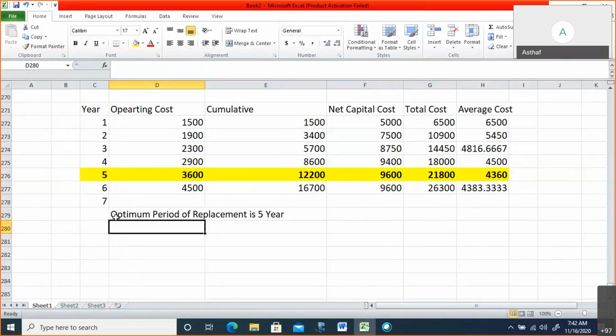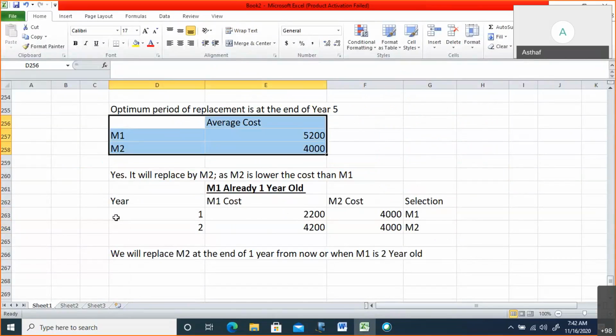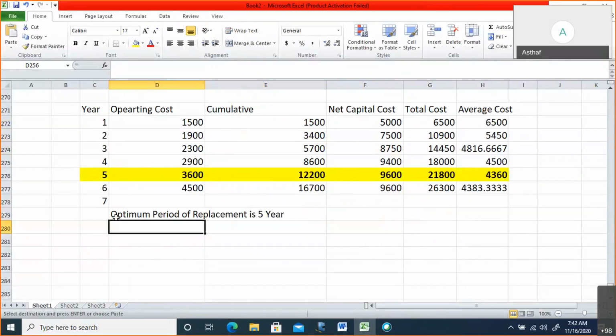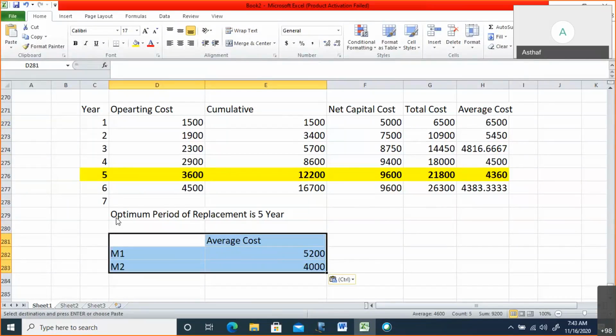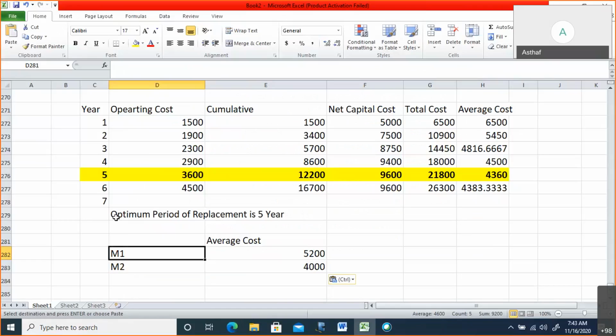Now they are asking the second part, which is the only part relevant for us. That is what we have to do. The same way we did before, we have to do it for Equipment B.